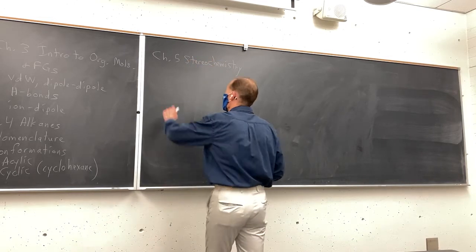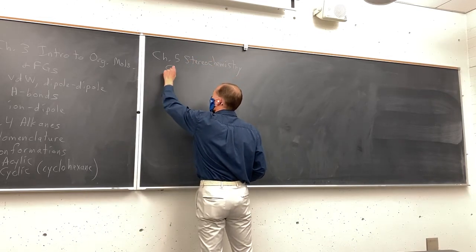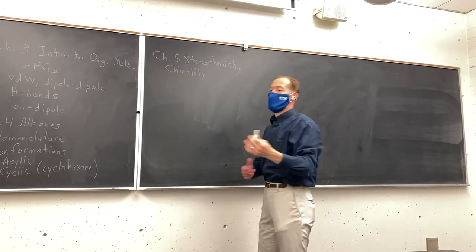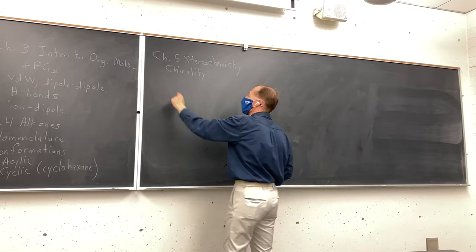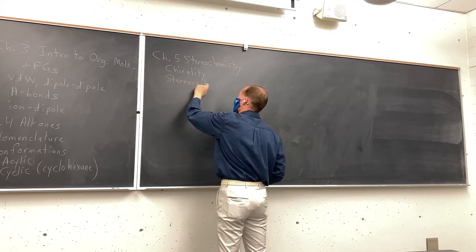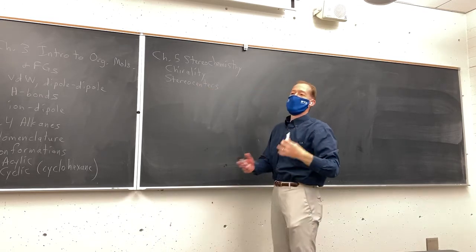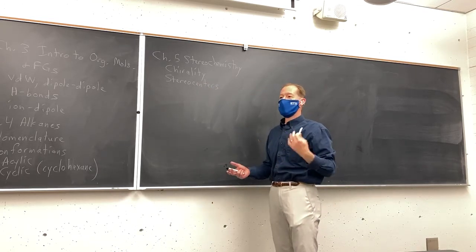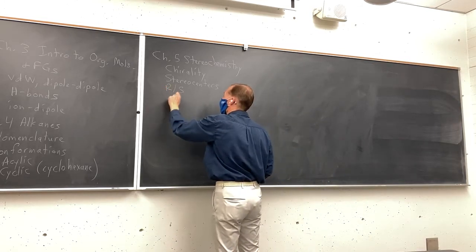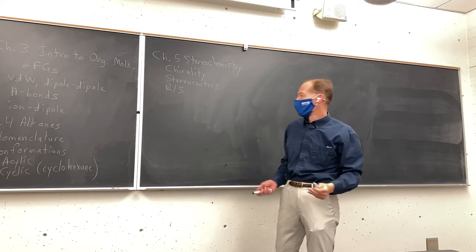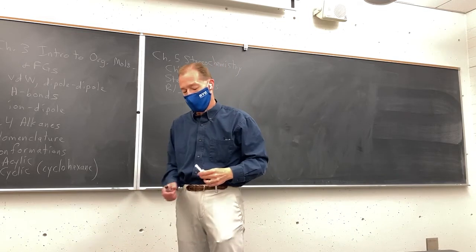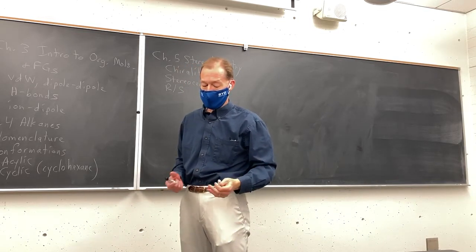So key things here, chirality, being able to determine if a molecule is chiral or not, stereocenters, being able to identify whether a given atom is a stereocenter or not, or counting the number of stereocenters in a molecule, determining R or S. Typically there's a problem or two where you have to determine R or S, so make sure that you are practiced at that, proficient at that.